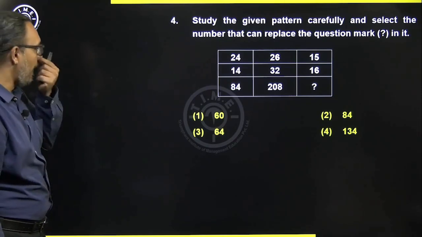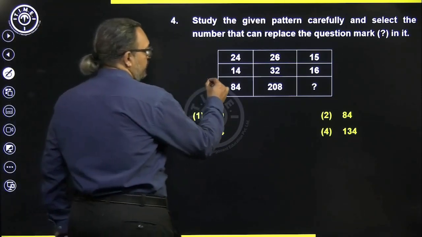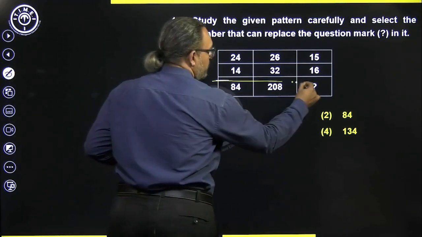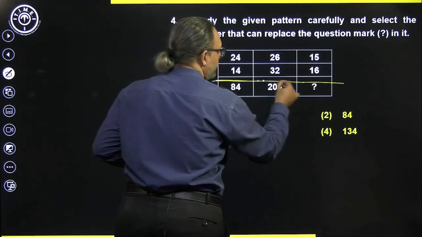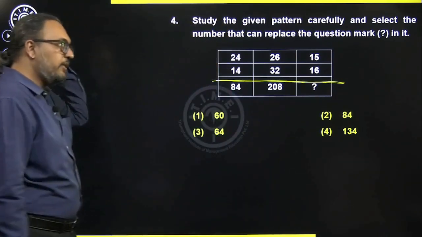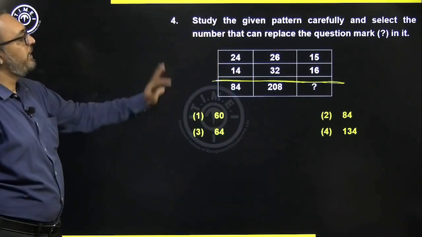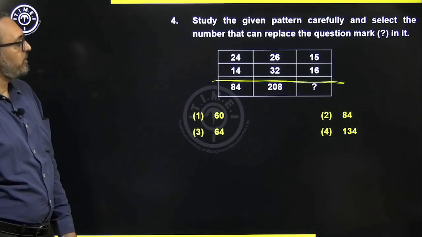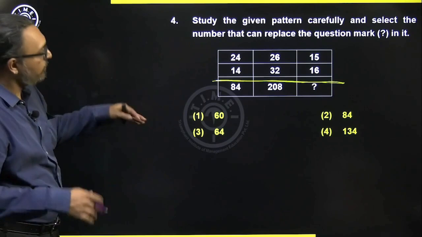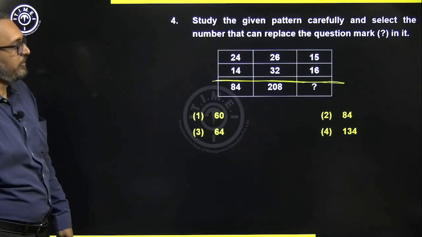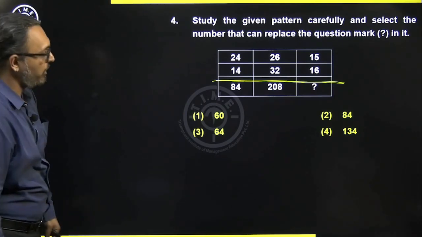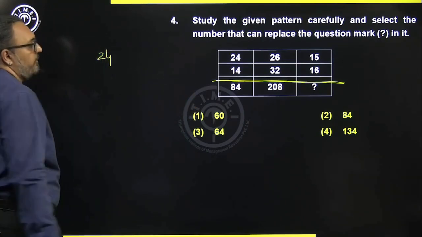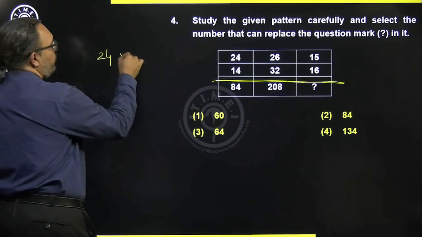Yes. Now next, now here we can look at vertical operations because as you can see the numbers are bigger numbers. So how do I get them? So obviously you cannot take squares, correct? I cannot take squares. So let's try product. Okay. So when I take product, so you have 24, okay, and you have 14.